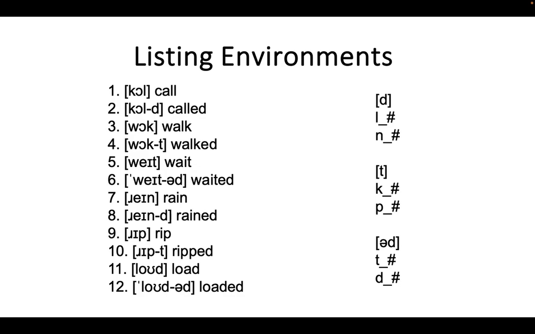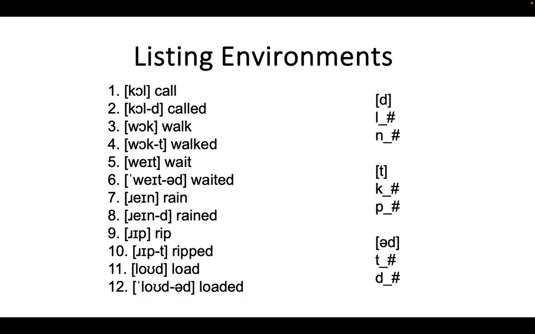This also makes sense because if you have a verb that ends in a voiceless sound, it's going to be easier to follow that with another voiceless sound. This is an example of something called assimilation, which is where sounds become more similar to the sounds that are immediately next to them. So it's easier to say two voiceless sounds together than it is to say a voiceless sound followed by a voiced sound.